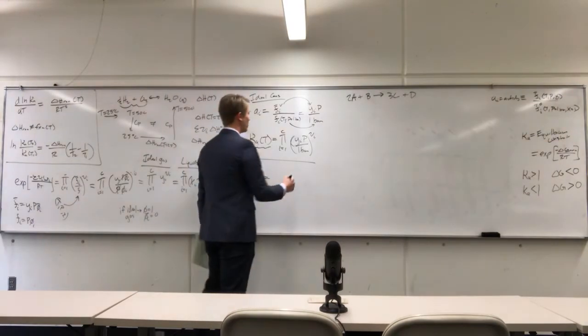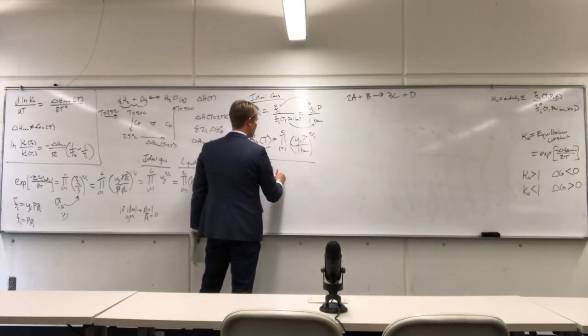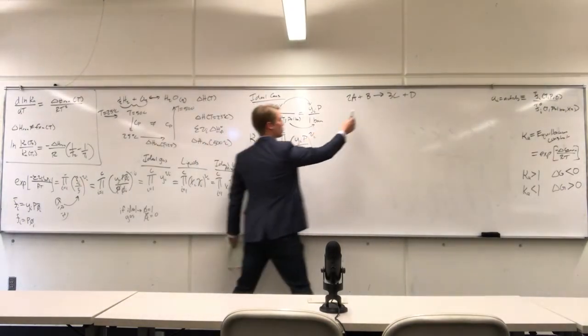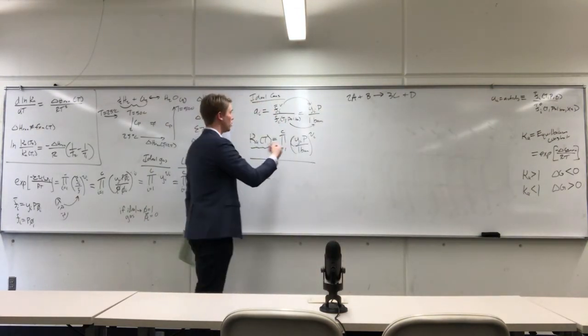So what we'll want to do is first take note of the stoichiometric coefficients. In this case, it's going to be the mole fractions. So the numerator is going to be the products because they have positive stoichiometric coefficients.